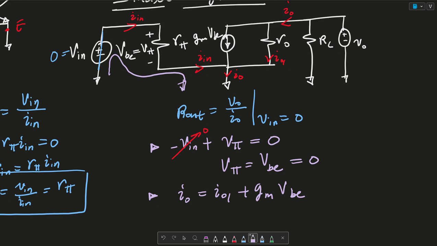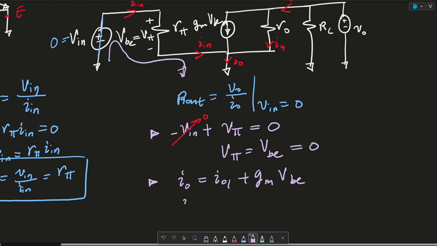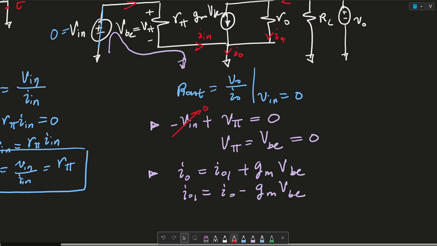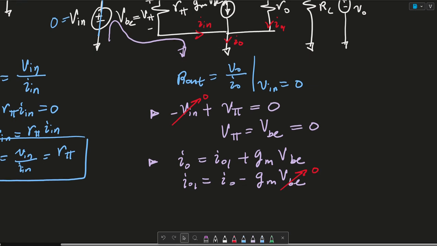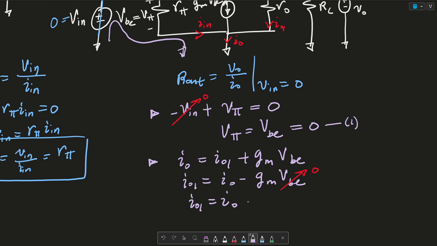As a result, IO1 is equal to IO minus GM VBE. We know that VBE is equal to 0, so this term ends up just being IO1 is equal to IO. We can consider this to be our first equation and this to be our second equation.